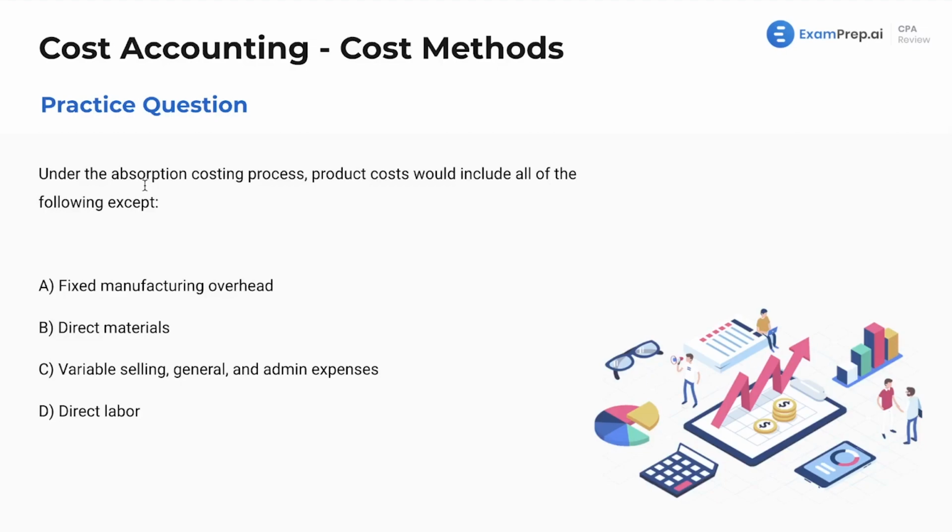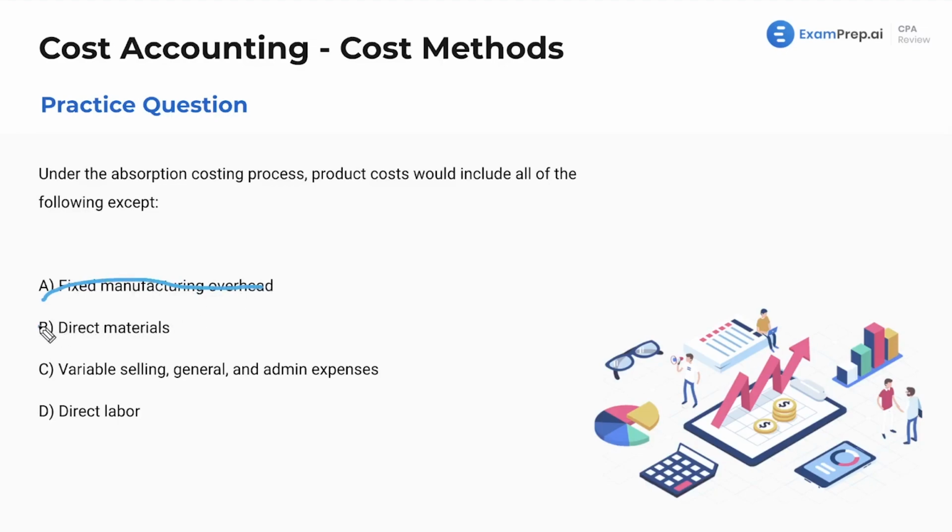We're capitalizing everything. Product cost would include all of the following except which. So the only product cost not included here is variable manufacturing overhead. Variable and fixed selling and general admin are period costs. Under absorption, this is going to be included.